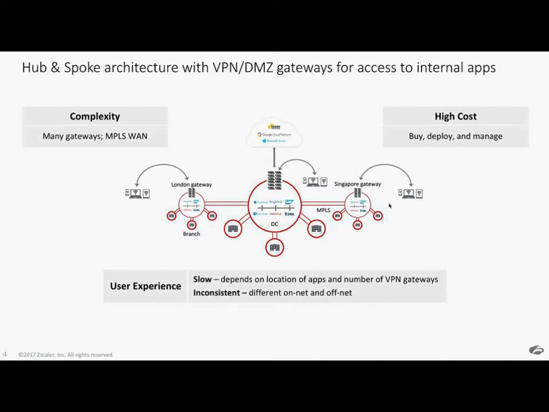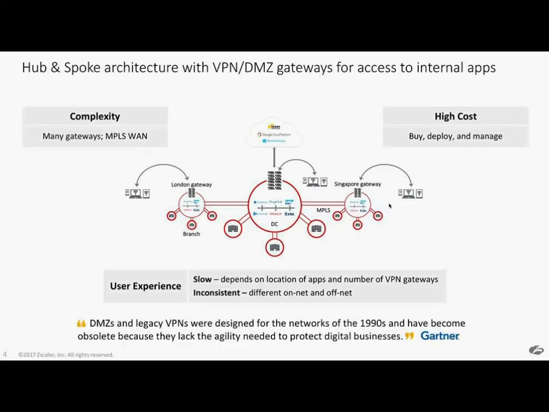It's inconsistent. By bringing the users onto my network, I've got to build out my VPN capability and still saturate my network with this traffic, which is ultimately destined for the internet, or destined for my internal network, but I'm bringing them all in through a single gateway. And that's going to cause saturation and pinch points, which add complexity.